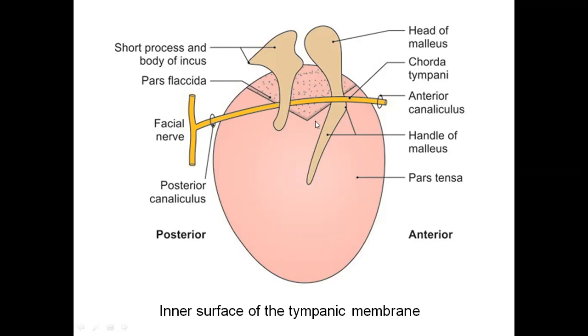Okay, we have two folds, no? Anterior and posterior malleolar folds. This is pars flaccida. In case this nerve is damaged, what will happen? If chorda tympani is damaged, taste sensation of the tongue, which is carried from the anterior two-thirds of the tongue, that is special taste sensation, is lost, gone.